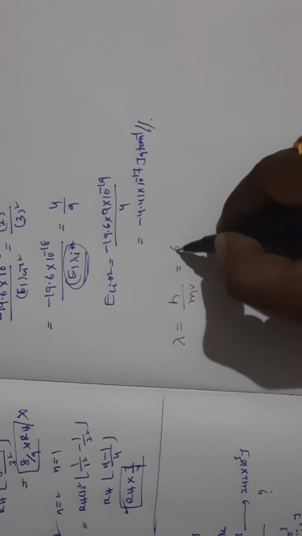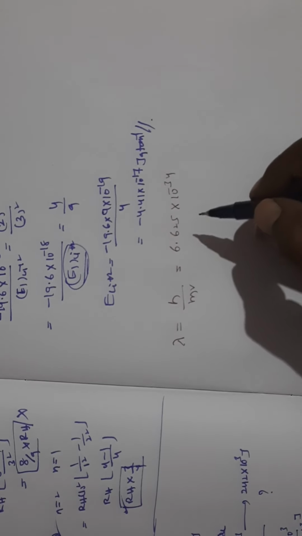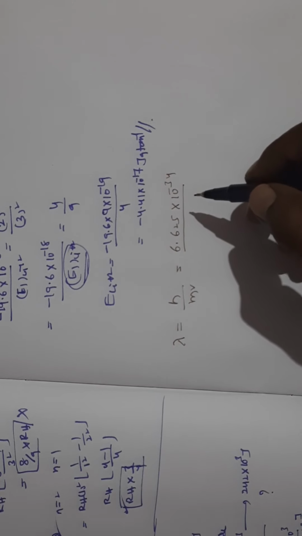So the h value is 6.625 into 10 to the power of minus 34. According to the question, they gave the mass of the proton.